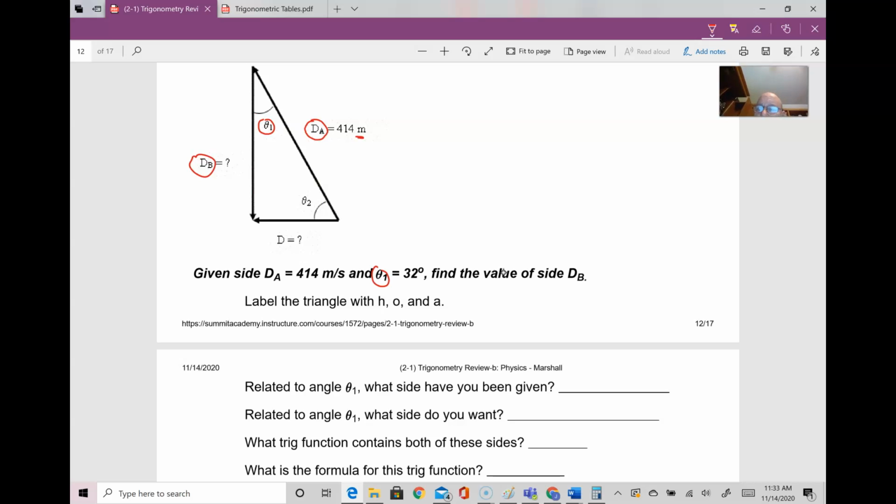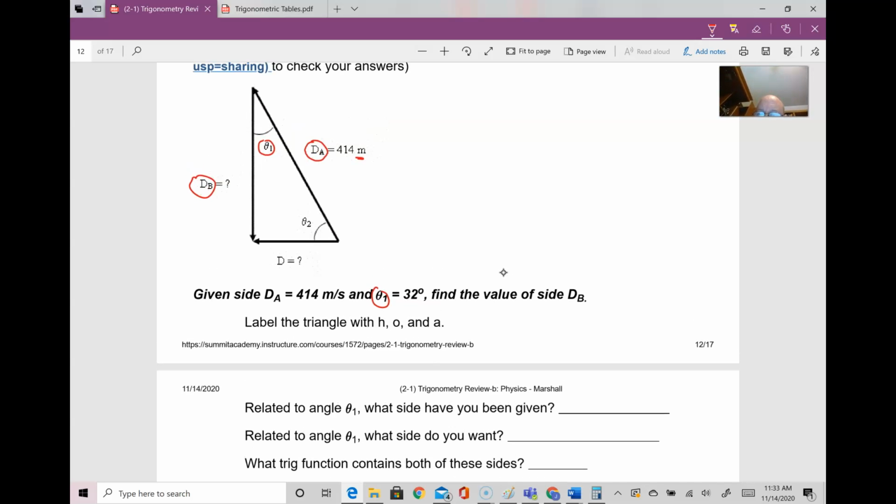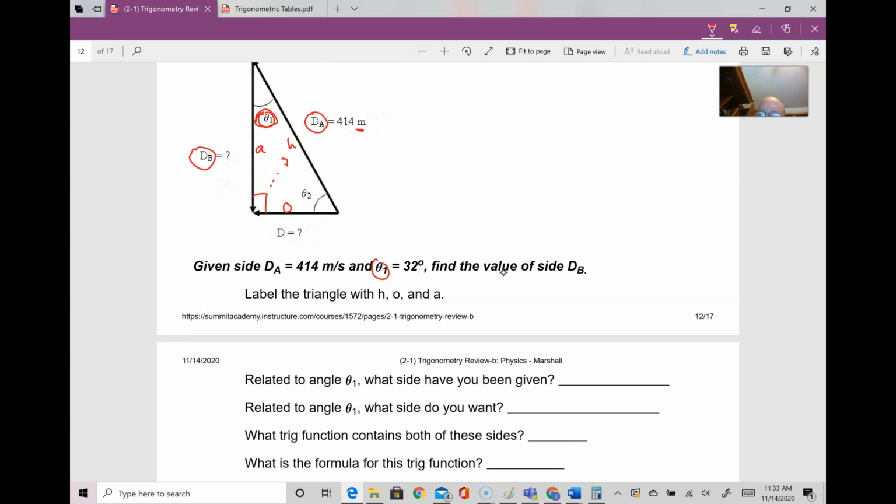I'm going to change my label to D instead of V. Related to angle theta 1, what side of the triangle have I been given? I haven't labeled them yet, so let's label that. That's the hypotenuse, the side opposite the right angle. Related to angle theta 1, this is the adjacent side, and this is the opposite side.